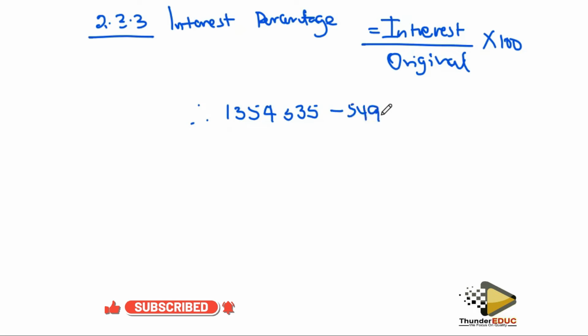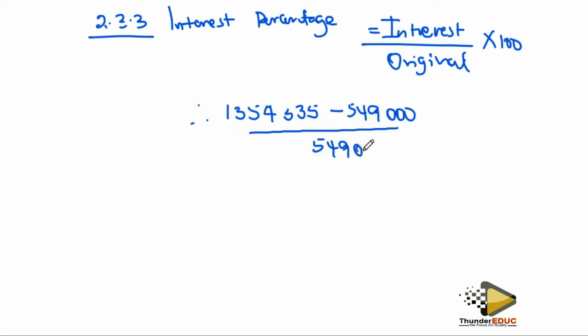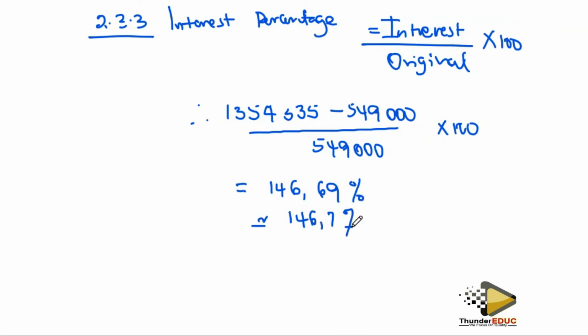That's the original. Divided by the same amount, times 100. So we shall end up having a percentage which is 46.69%. They say round off to one decimal place, so it becomes that much.